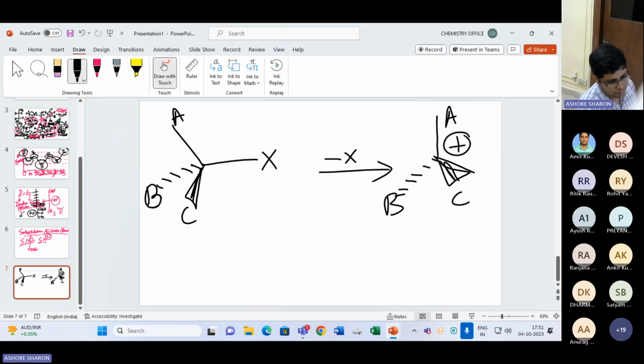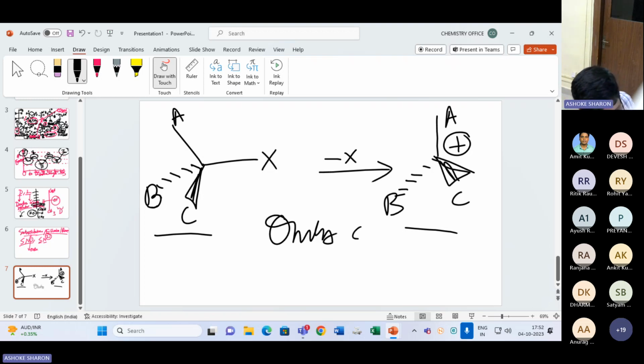So if you start from here, you are getting this product. How many components are involved? Only one component is involved.